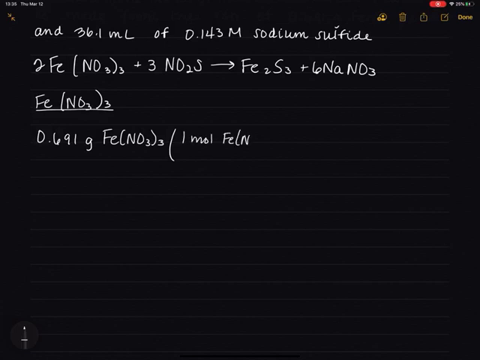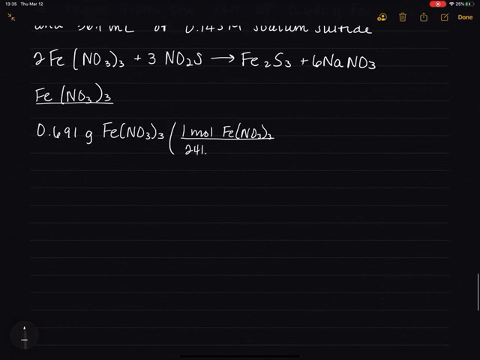In our limiting reactant problems, we can save a little bit of time, a step in calculations.